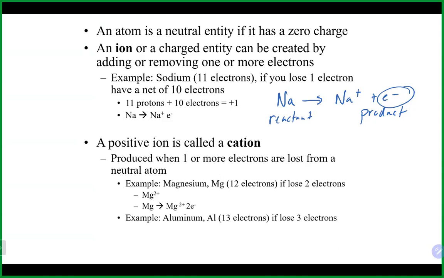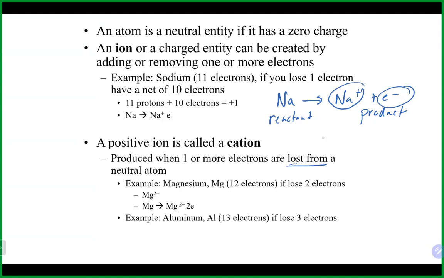As it goes through, it's going to lose that electron. Again, a cation, a positively charged ion, results from a loss of electrons from the neutral atom.